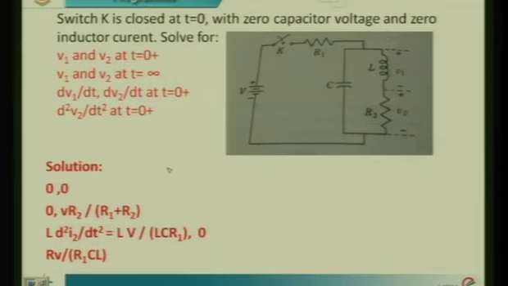We just see in this, V1 and V2 at t equal to 0 plus was found to be 0 and 0.